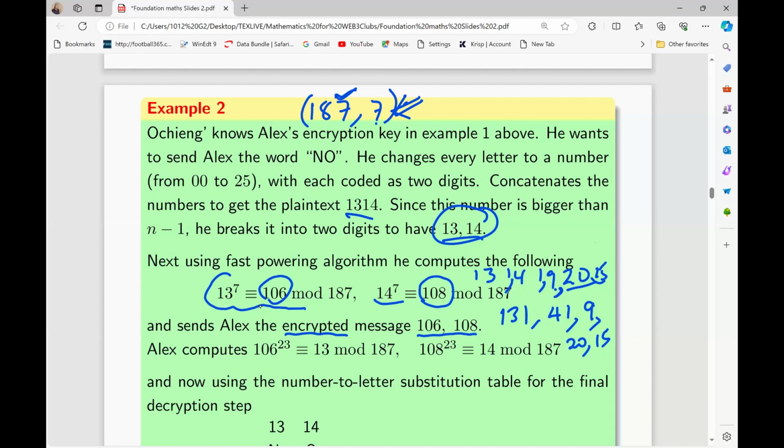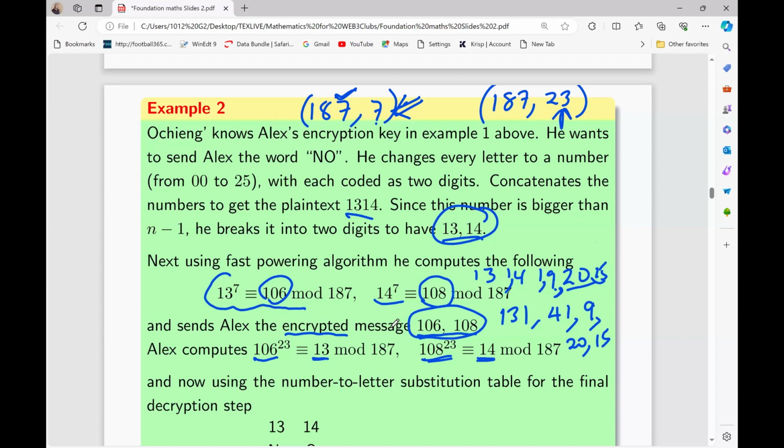When Alex receives this, he will decrypt the first one. Remember, his key was 187 and D was 23. So he raises each of these to 23. Using the fast powering algorithm, he gets 13, and for the other one, he gets 14.